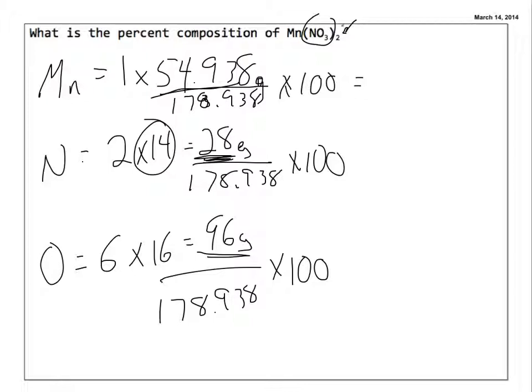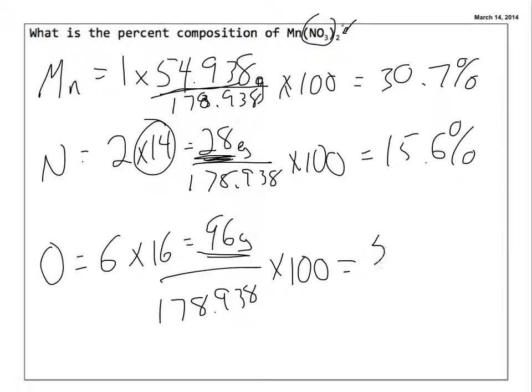And when we do that, we get for manganese 30.7%. For nitrogen, we get 15.6%, and for oxygen we get 53.6%.